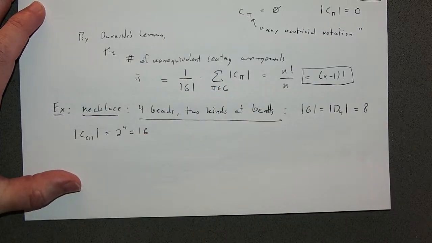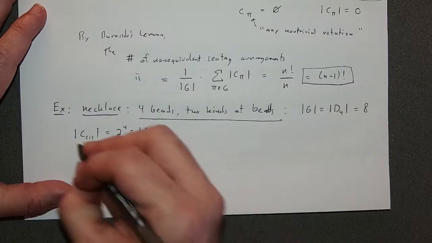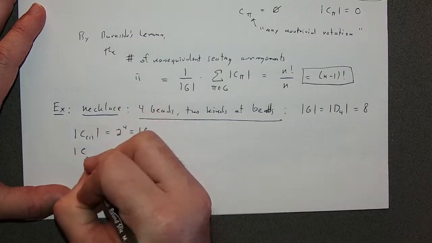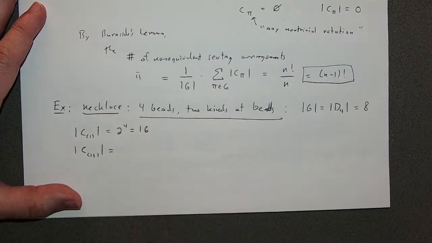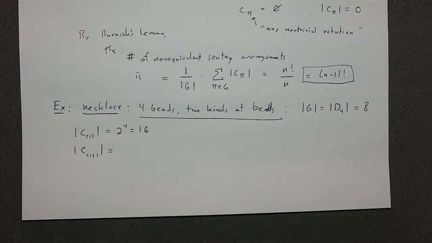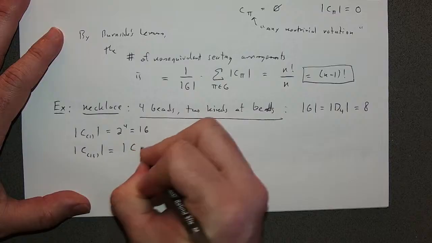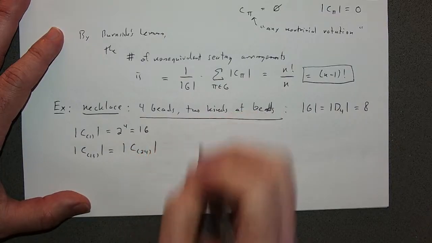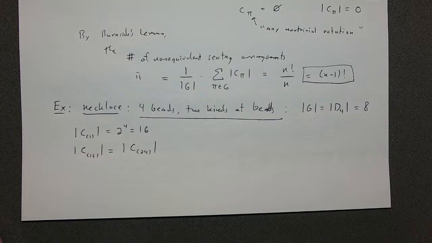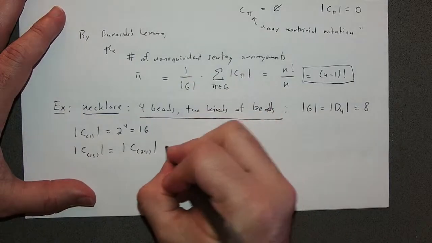Okay. What about, we just have to go permutation by permutation. What's the invariant set for this transposition 1, 3? Well, it's actually the same as the invariant set for the transposition 2, 4, which is 8.